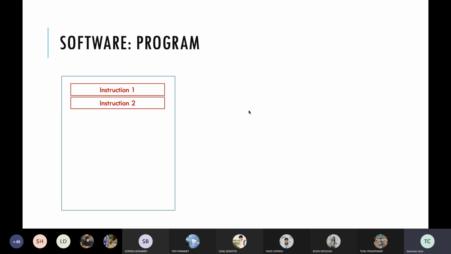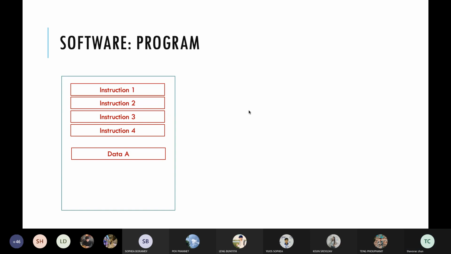It is a series of instructions. We have 1, 2, 3, 4, and many more. And then it's also a combination of data. So inside a program, there are instructions and data. Data can be integer, can be string, can be Boolean, can be number, whatever. So we just call it data.